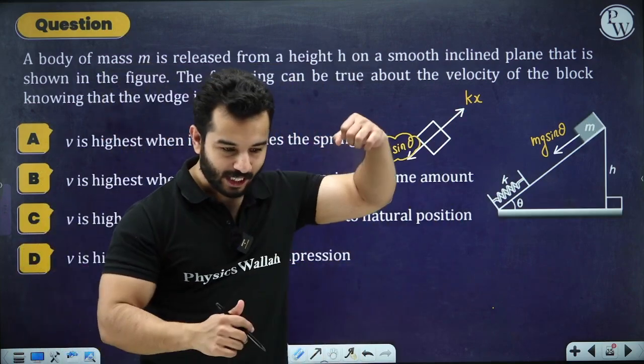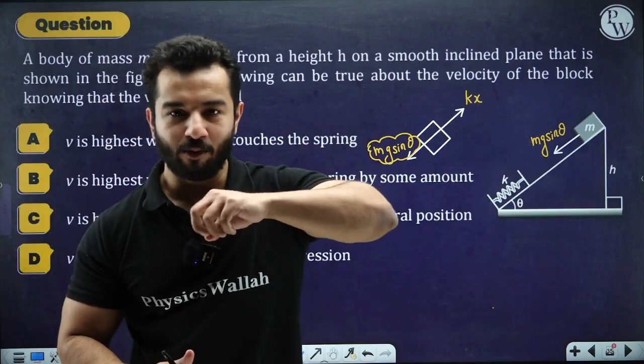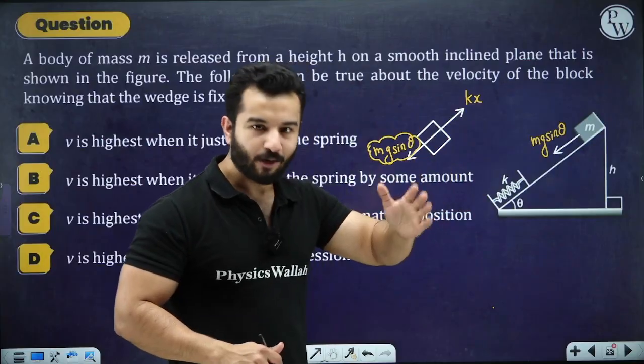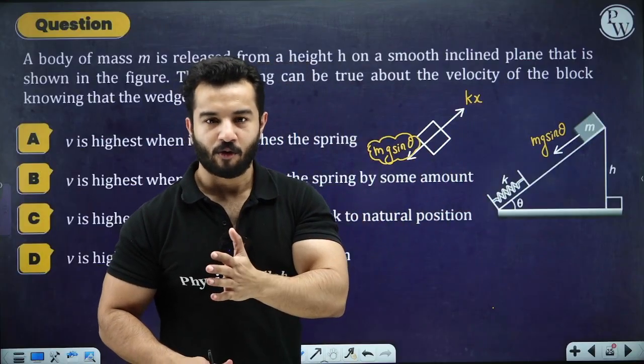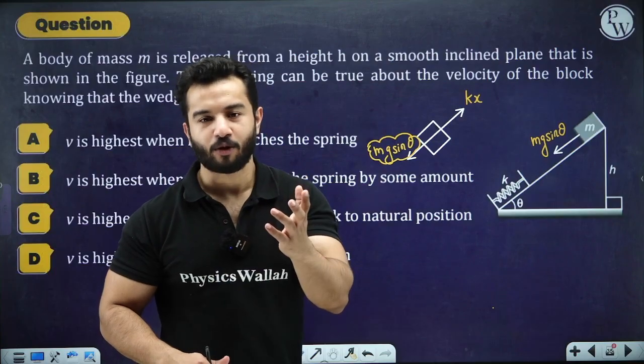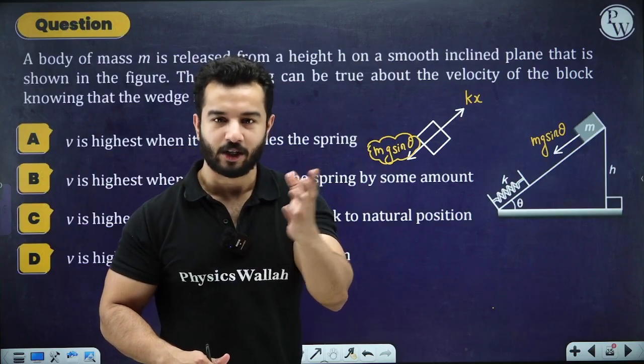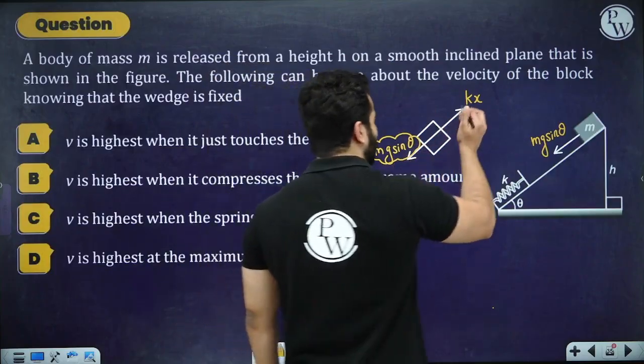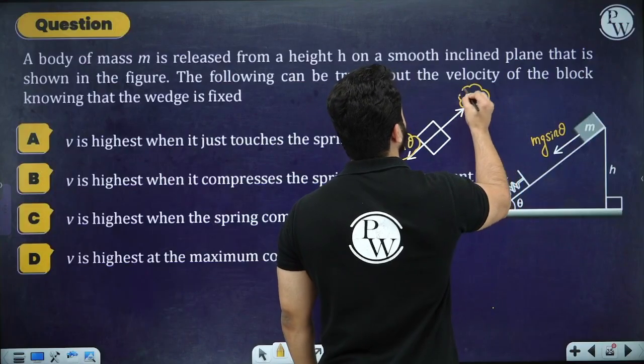I mean, it will strike it down, but mg sin theta will not suddenly get smaller than Kx. It will compress it for some length that will vary according to the question, and as it compresses, Kx will start to increase.